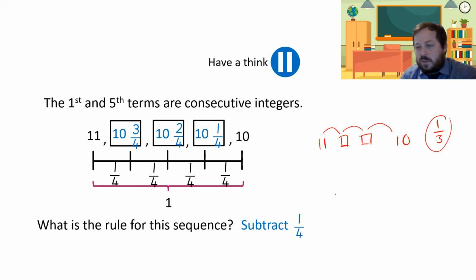So each jump would be a third. And that's the way to think about it. If I had 11 and 5 in the middle here, missing numbers, and then there's a 10. How many jumps and what do you think each jump would be worth?